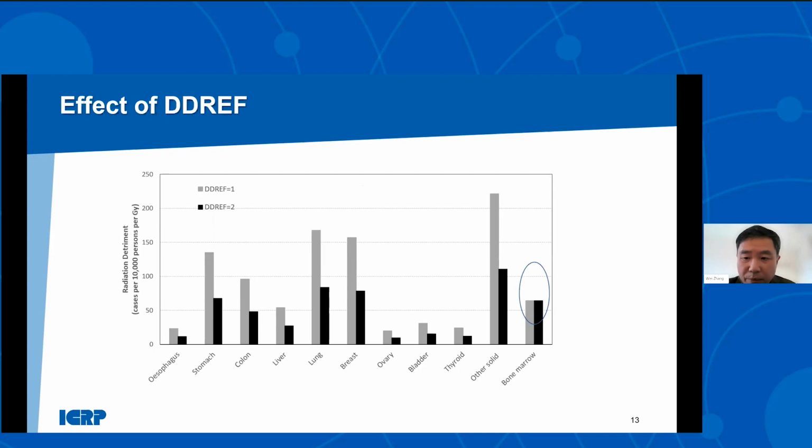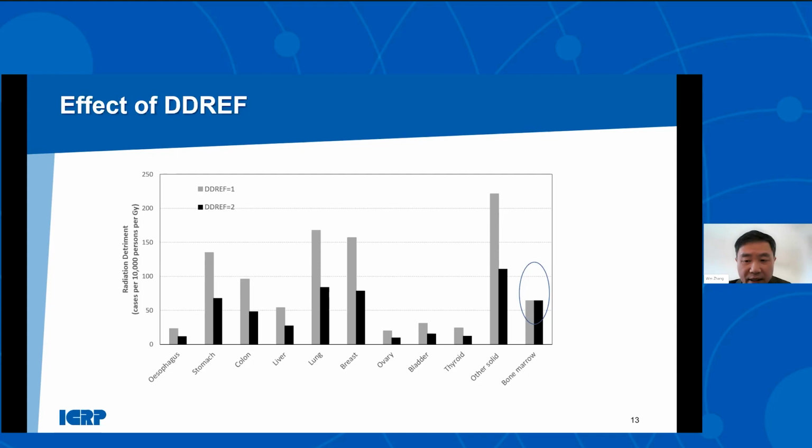In publication 103, the standard detriment was divided by a factor of 2 to make an adjustment for exposure at low dose and low dose rates. This graph compares the standard detriment and the detriment calculated with a DDIF of 1.